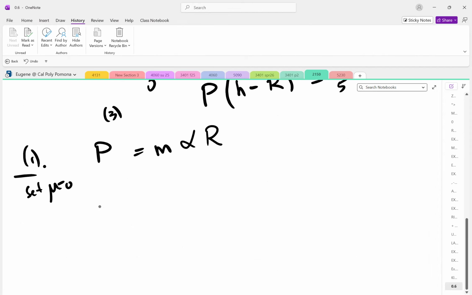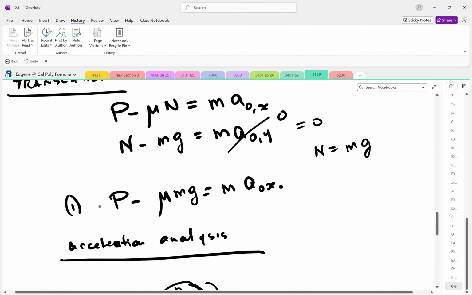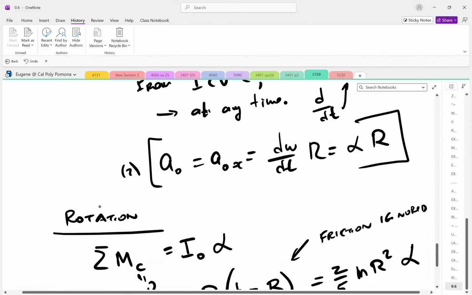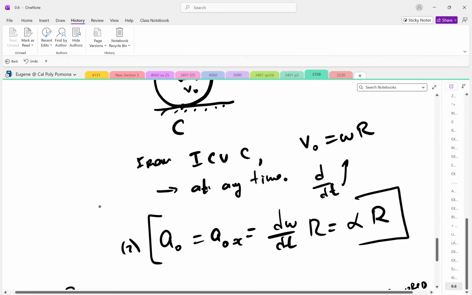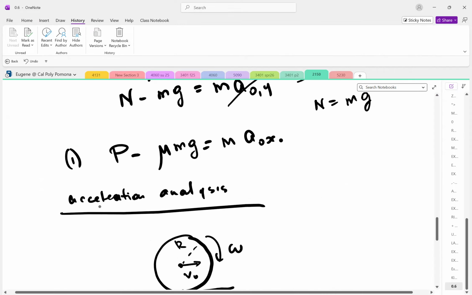P is to the right. Minus alpha R, because alpha is this way.